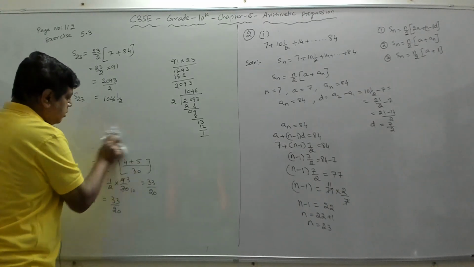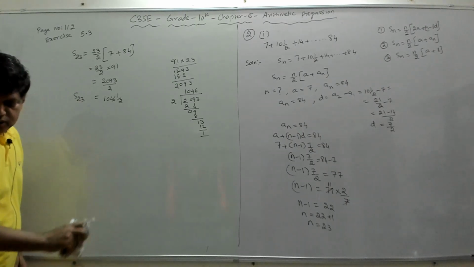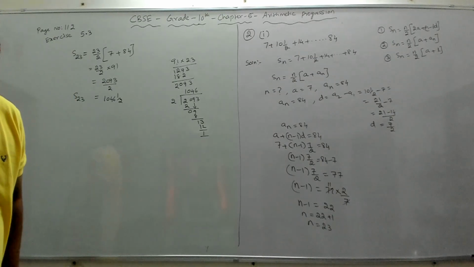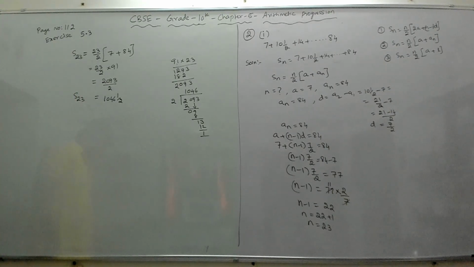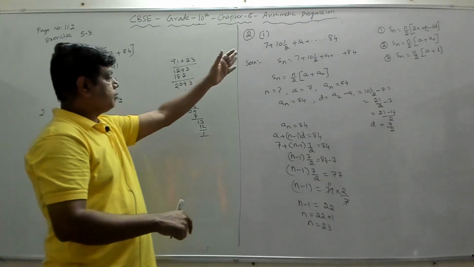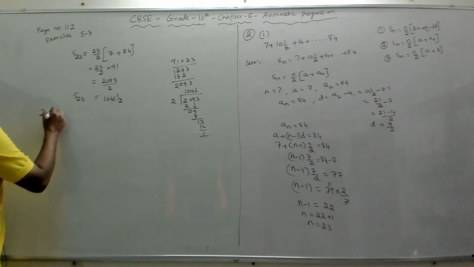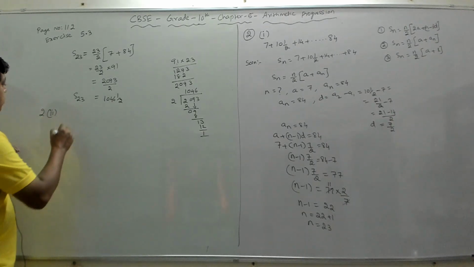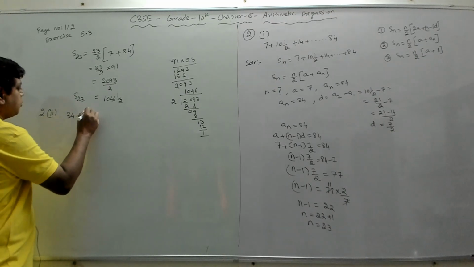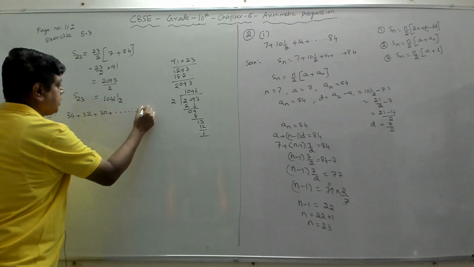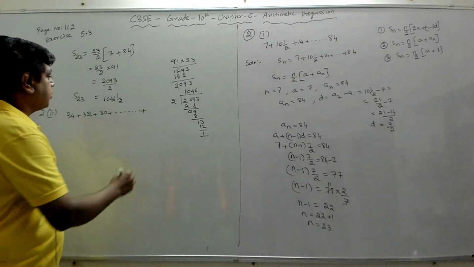So let's check the next problem. Again you have to find the sum of the given arithmetic series. The second one is 34 plus 32 plus 30 plus dot dot dot plus 10.